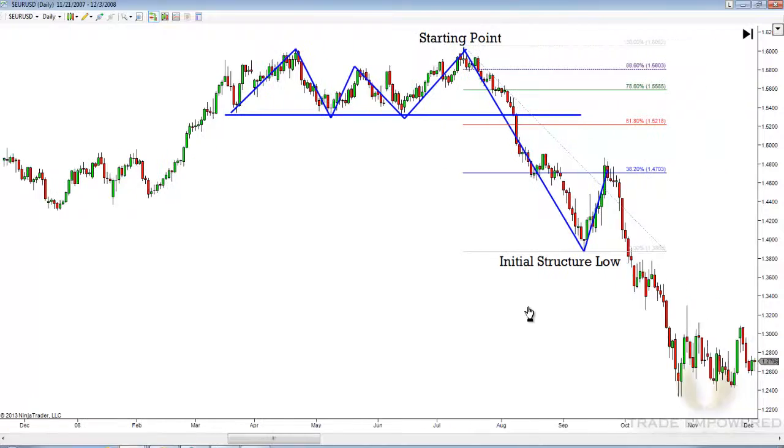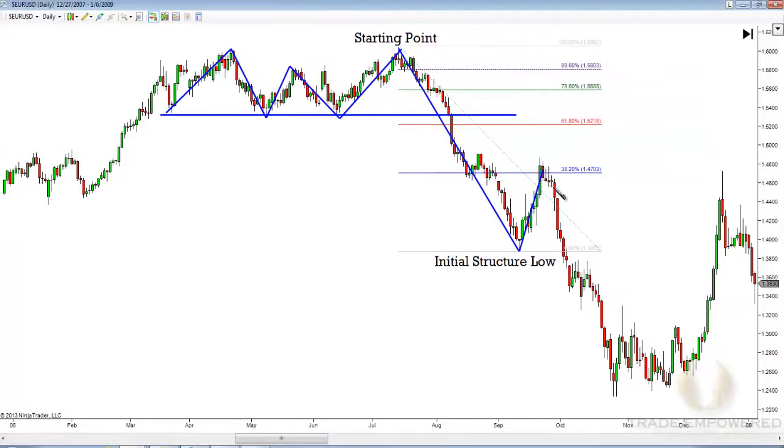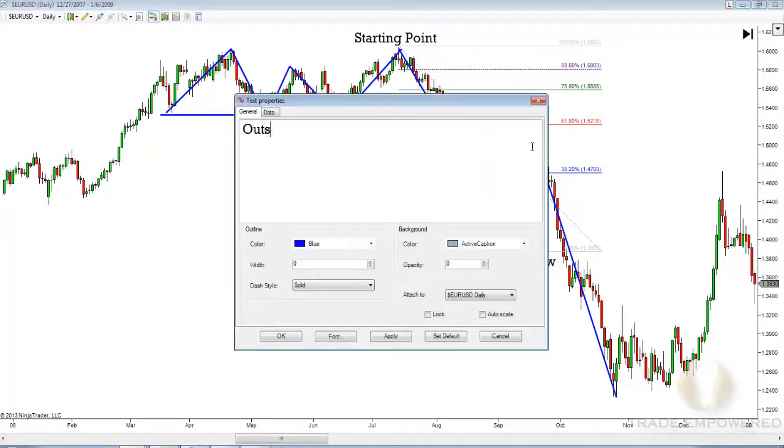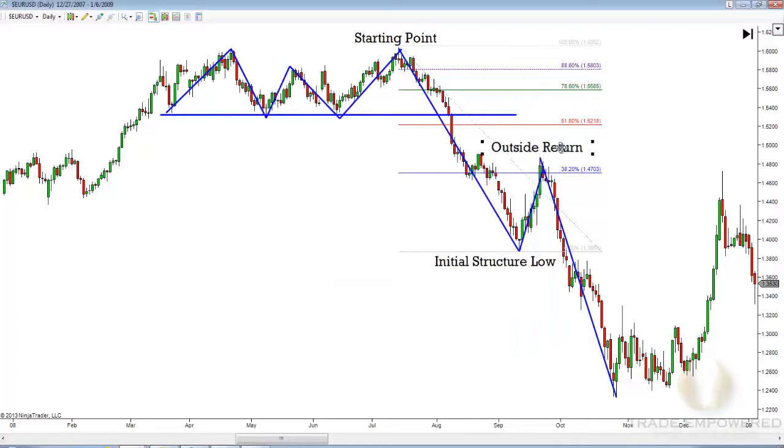Let's look at our next leg. Again, swing high to swing low. So this time it's our outside return, down to our new structure low.